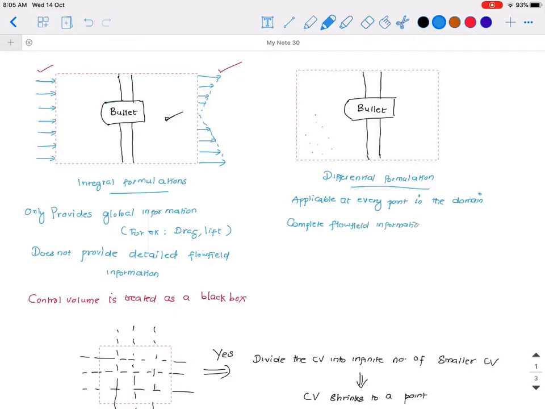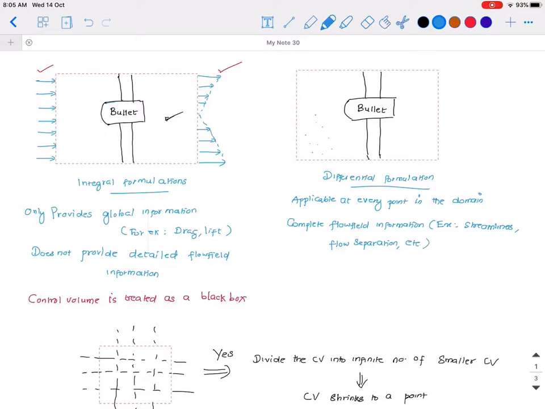While integral formulation gives only global quantities, differential formulation can give complete flow field information. By complete flow field information, I am talking about streamlines, how the flow behaves when it moves around the body. Then, for example, flow separation, which we are going to talk about in the next chapters, etc. So we will get all the information.